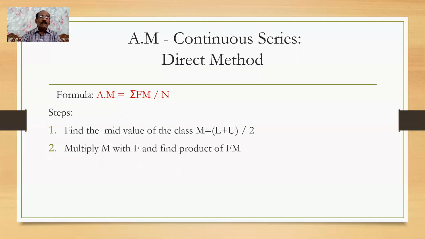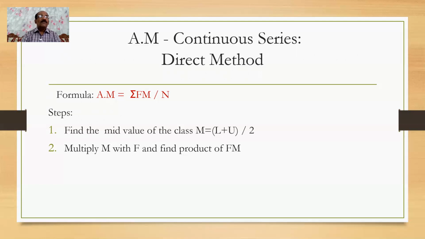Next, multiply the m with f and find the product. First step, you have to find the mid value. In the next step, you have to multiply the m value with respect to frequency.